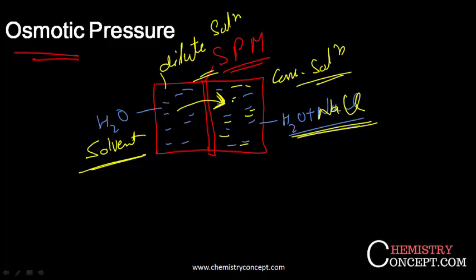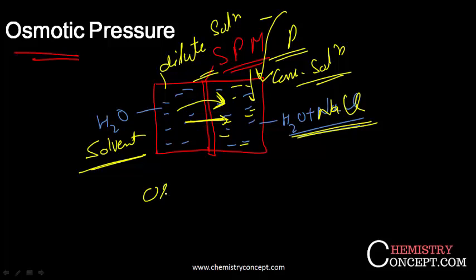Okay, and now what happens if I start increasing pressure on the side of the concentrated solution? When I increase the pressure, the flow of solvent slows down, and when I keep on increasing the pressure, the rate of osmosis keeps on decreasing, and then there would be a pressure at which the flow of solvent, or the osmosis, will stop.